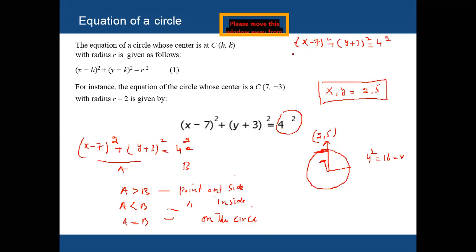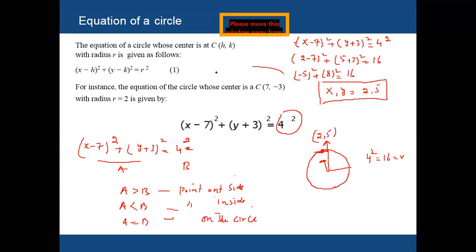So what is x? x is equal to 2. So 2 minus 7 whole square plus y, which is 5, plus 3 whole square equal to 16 or 4 square. So 2 minus 7 is minus 5 whole square and 5 plus 3 is 8 square, compared to 16.